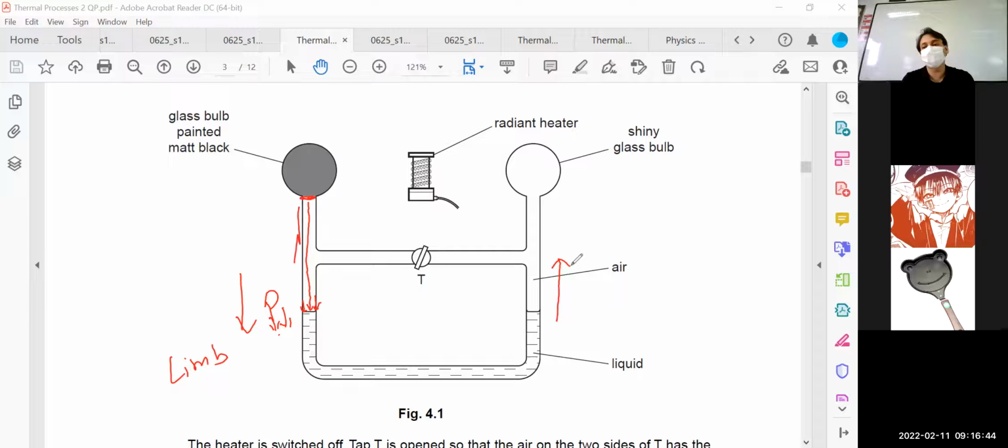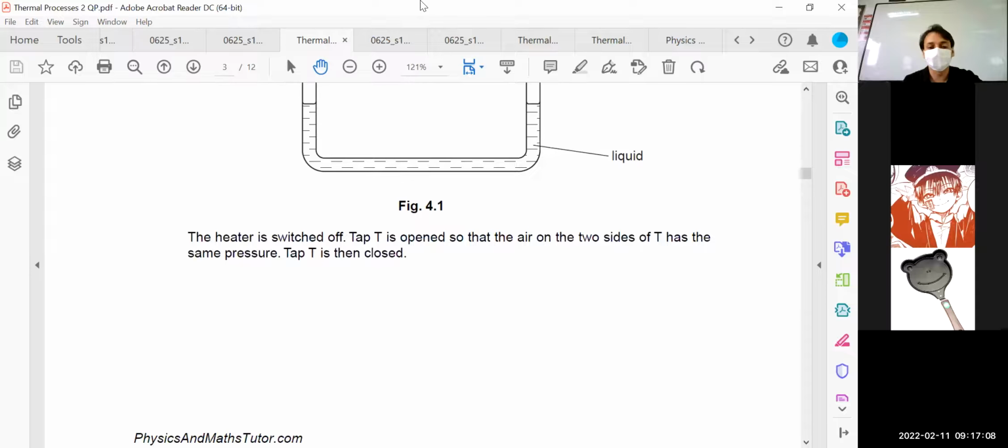Children, I have given the answer to both parts B1 and B2: on the left side the water level falls down, on the other side it rises, and the reason is that due to the expansion of air, the expanding air will exert a pressure, and due to that pressure the liquid level will fall down towards the black side.